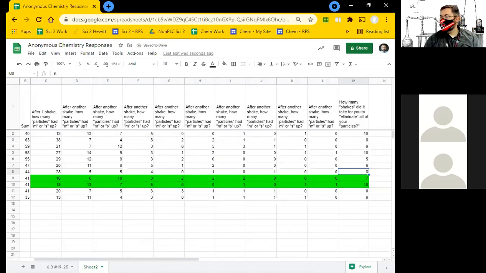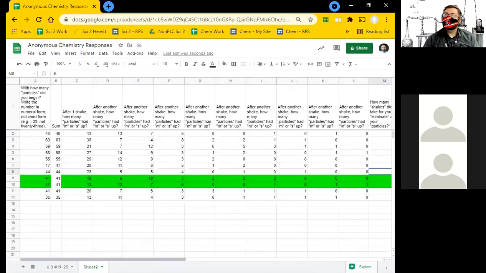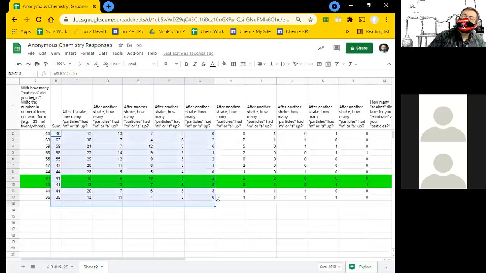All right. What I can do now is make a graph with this data. It's a little slow. I'll start with the big number and go down here. There we go.